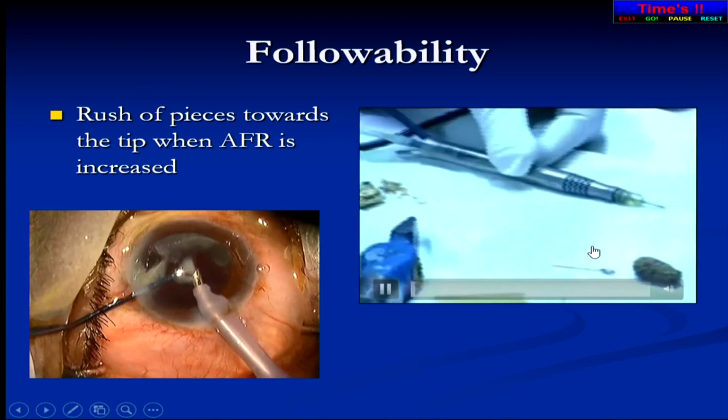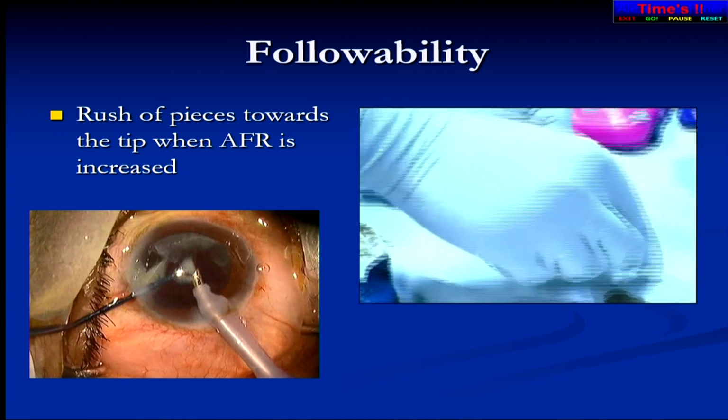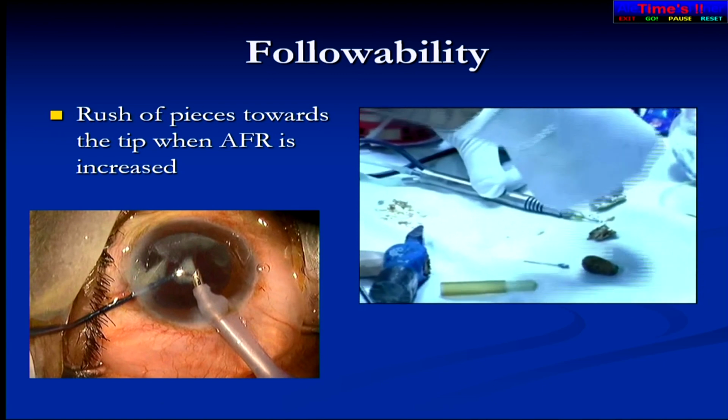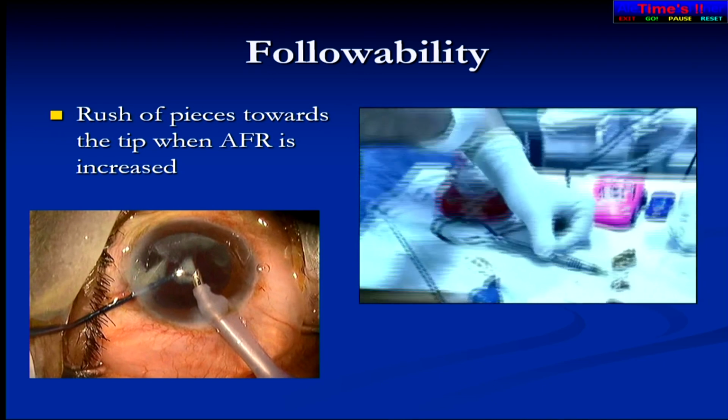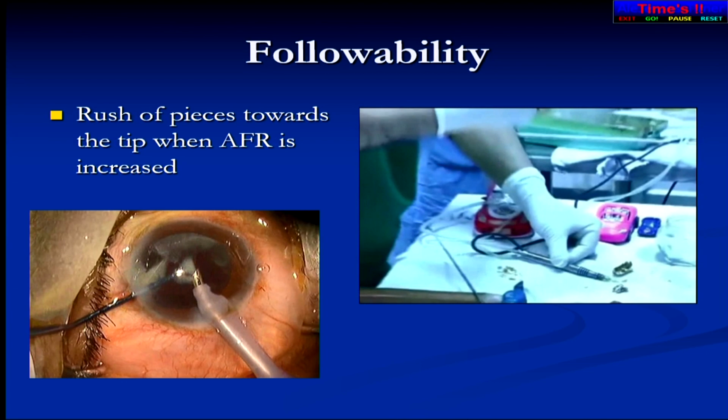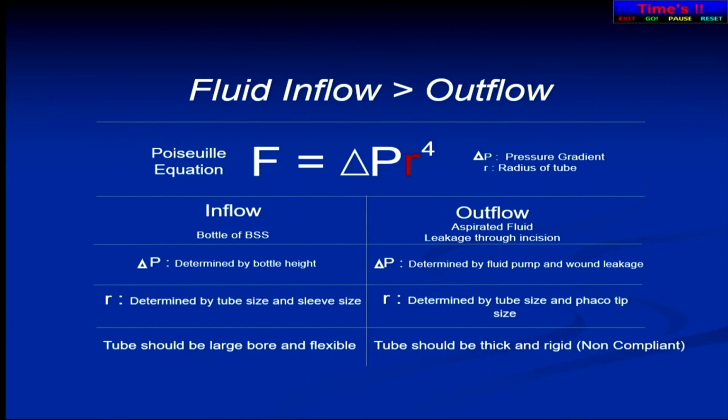So these small pieces, that day we thought of peanuts only. And small pieces, if they have to come more in, then you have to flow out more. If water flow is more through your tip, then these pieces will come towards your tip. That's it. So that is followability. And this is fluid inflow, outflow, balance. This is a physics formula.